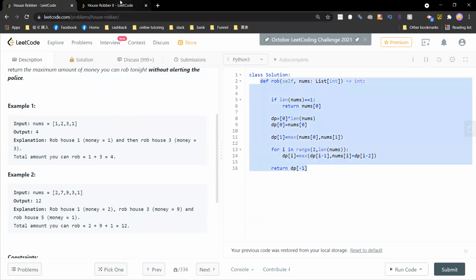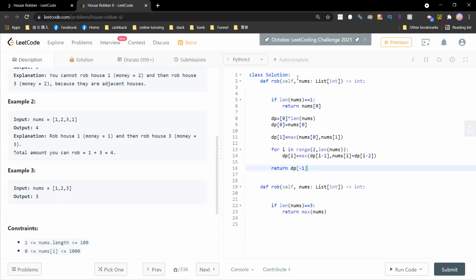Just copy this, and then maybe you name this rob1. All you need to do is let answer1 be rob1 of nums, where you forget about the first one, and answer2 be rob2, but only take the final one.